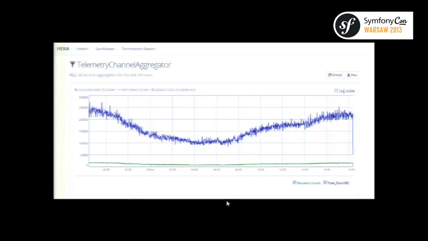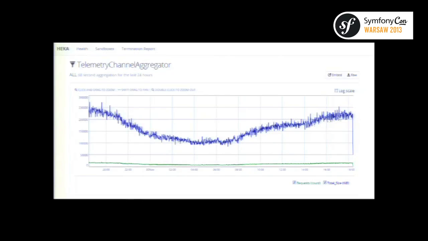But what you can do, and this is not mine, it's from the Mozilla guys, they started building their own dashboard graphing stuff, and these are their aggregated request log, I think. The data points are 60 seconds aggregated for the last day.